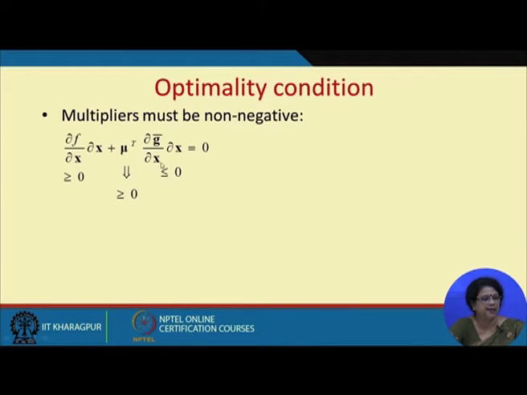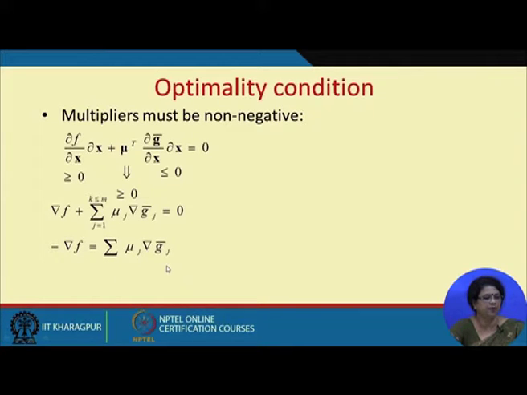To maintain this, the Lagrange multipliers, mathematically, but we say KKT multipliers, must be positive. That is why, if we have k active constraints, then grad f plus summation of mu j grad gj is equal to 0.